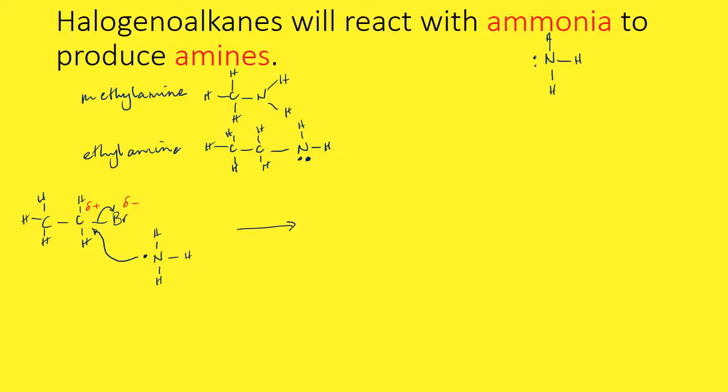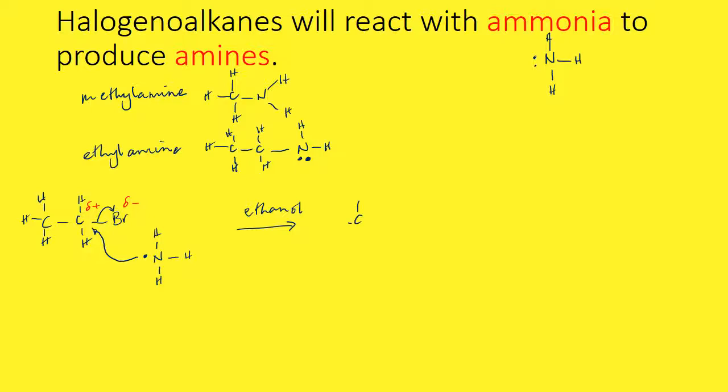So that whole process needs to go on in the presence of ethanol, and that creates this molecule here. So let's just make sure we've got our lone pair in there on our ammonia. So let's draw the molecule formed, and this is interesting and slightly different because we have a charge remaining on the nitrogen.